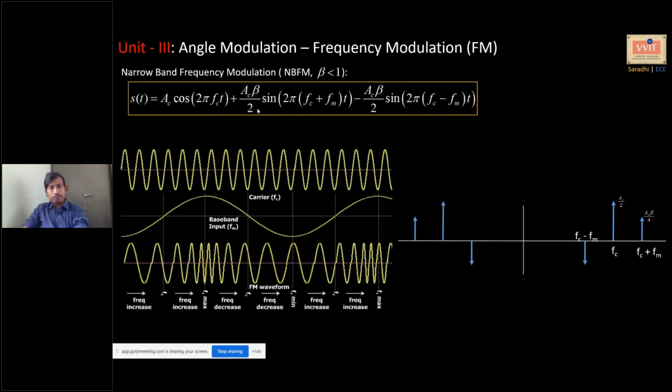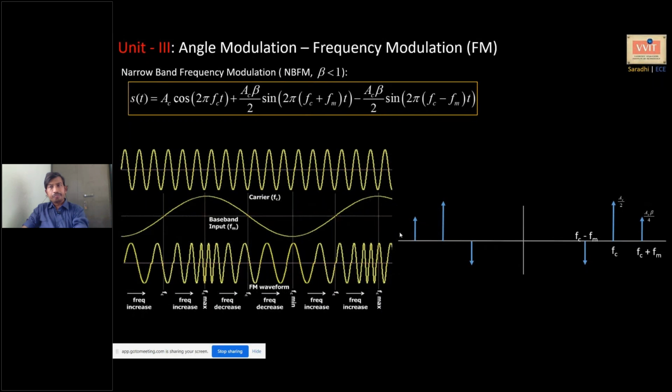The amplitude of these two terms is Ac beta by 2, so we get Ac beta by 4 as the heights of these two. If you compare this with AM, this impulse will have positive amplitude in the case of AM, whereas here it is negative. Only because of this we are getting a constant envelope with instantaneous frequency changing in accordance with the amplitude of the message signal.